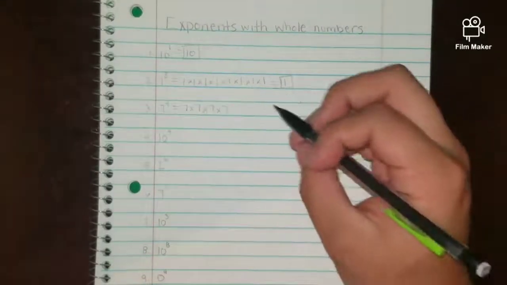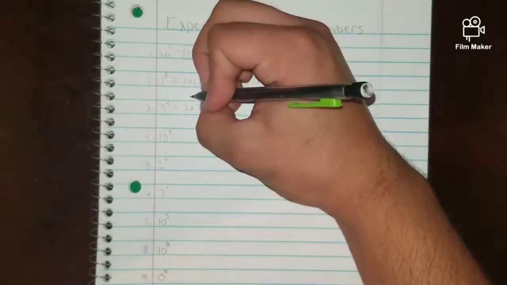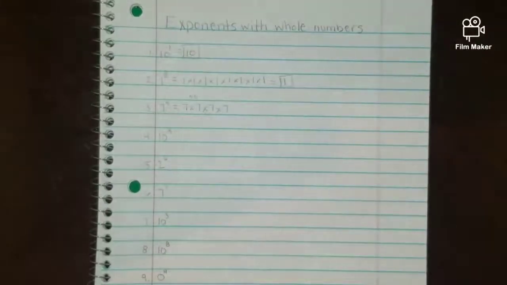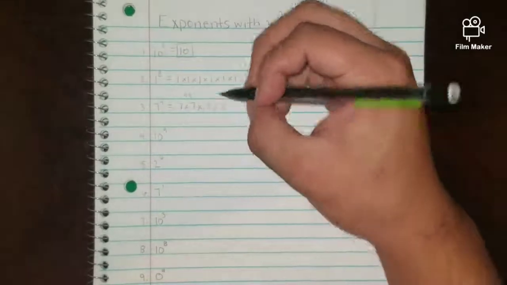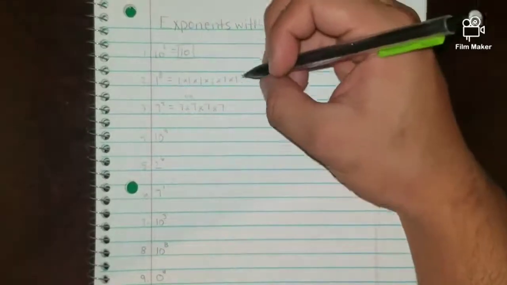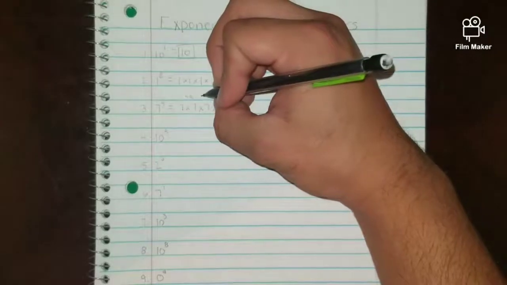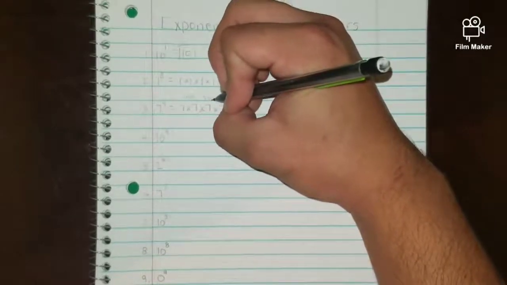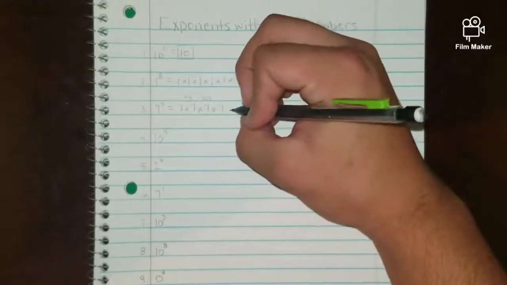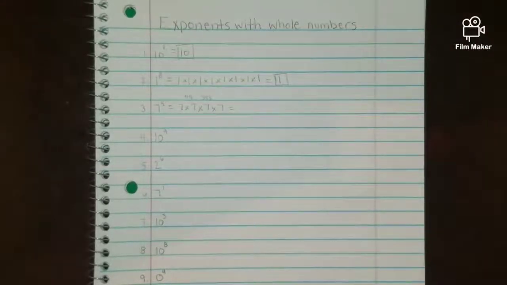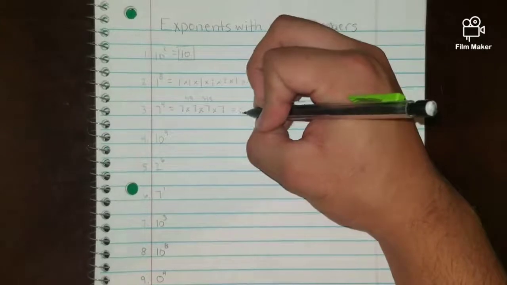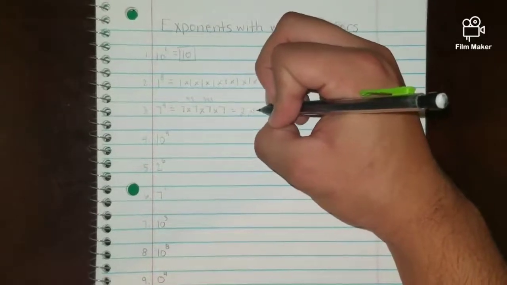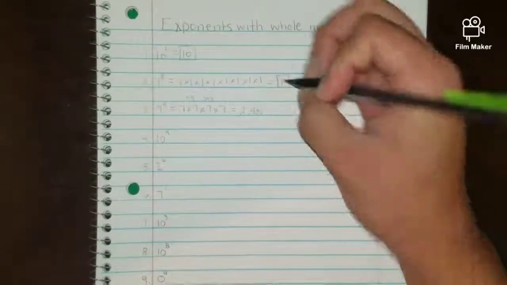So 7 times 7 would give us 49, and then we take 49 times 7, which would give us 343, and then lastly times our last 7, which would give us 2,401.